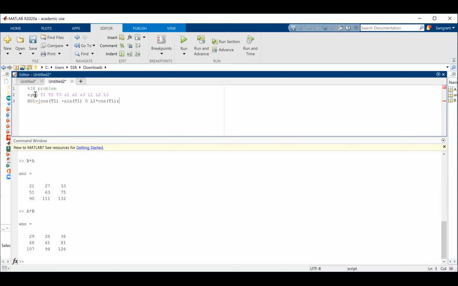Then I'm going to have sine T1, then cosine T1, then 0, and then L1 times sine T1.